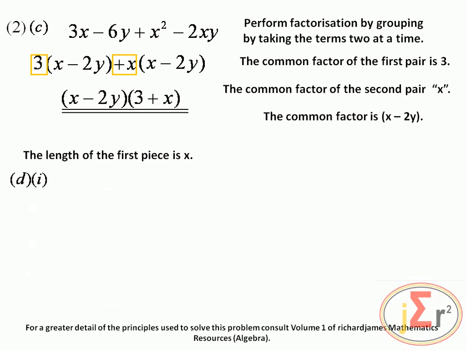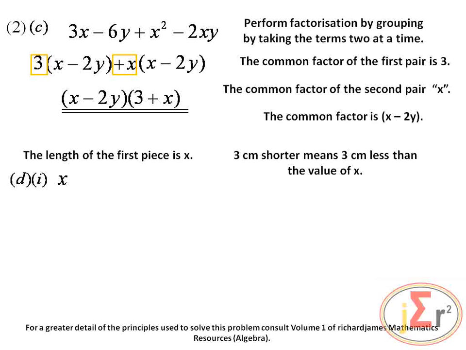In this problem, a drinking straw is cut into 3 pieces. The length of the first piece is x. The other piece is 3 centimeters shorter than the first piece, because the first piece is x centimeters long.